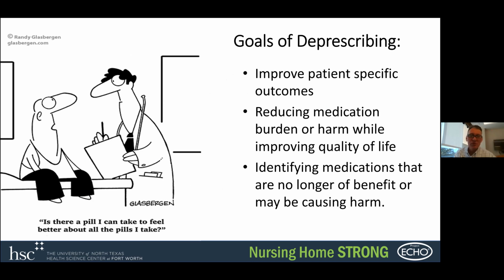Some of our goals of deprescribing. I like this little cartoon here, this little man talking to his physician. He said, is there a pill that I can take to feel better about all the pills that I take? I've never had a resident come at me with that question, but I can tell you that after looking at so many medicines, I've felt like I need the pill to calm me down, because I see some people come in to long-term care that have accumulated a lifelong list of medications.